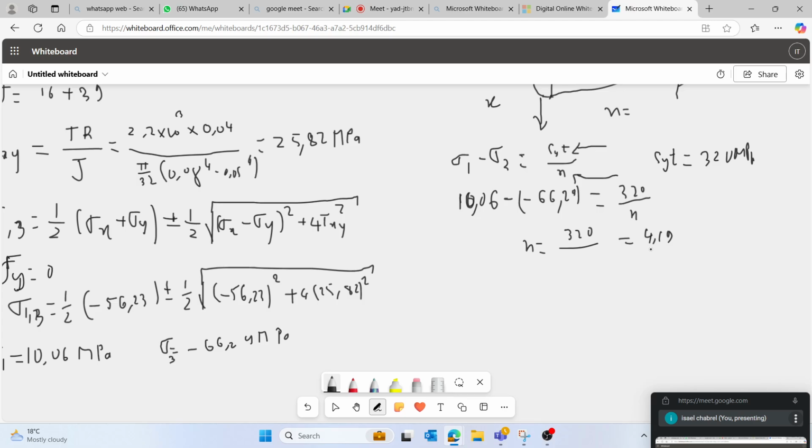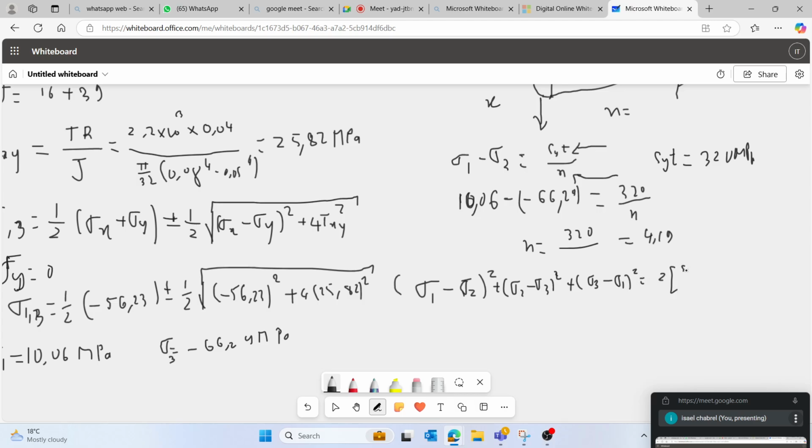What's the formula of Tresca? This formula of Tresca says you have rho 1 minus rho 2 squared, plus rho 2 minus rho 3 squared, plus rho 3 minus rho 1 squared, to be equal to 2.